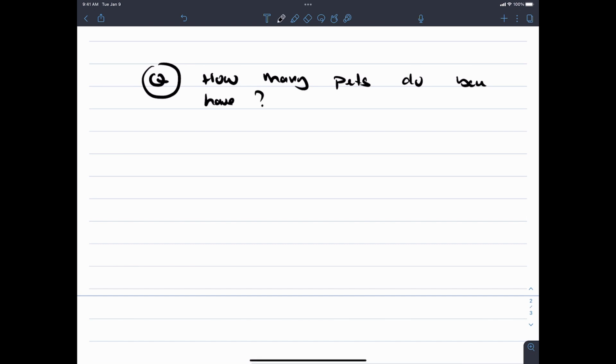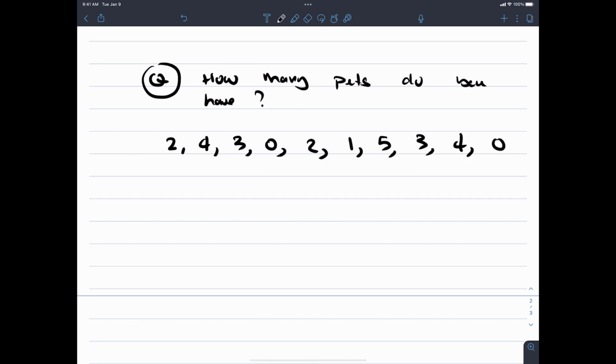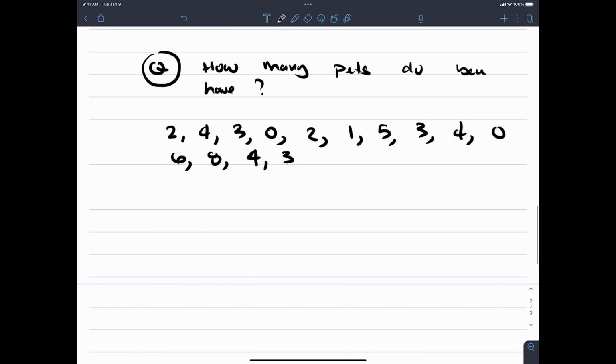And then they give you data values: 2, 4, 3, 0, 2, 1, 5, 3, 4, 0, 6, and 8, and then maybe another 4, and then maybe a 3. Okay? And then they say to you this question here.